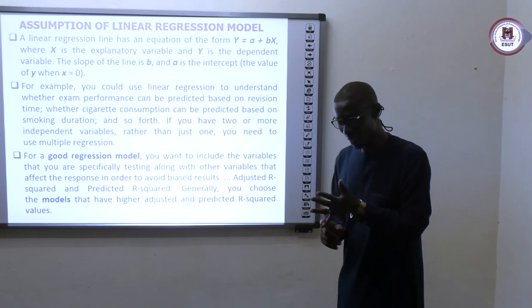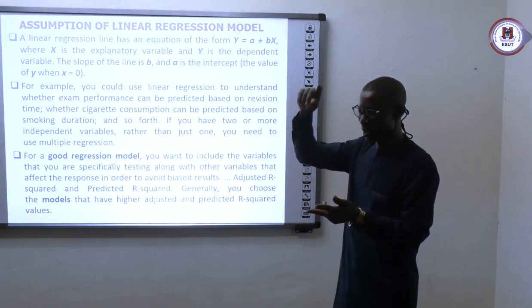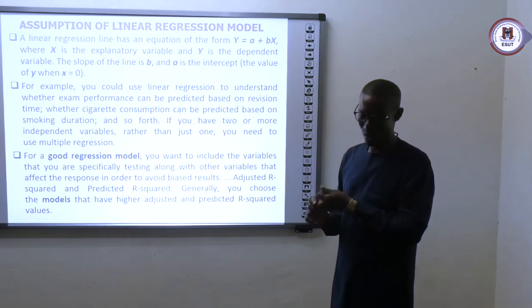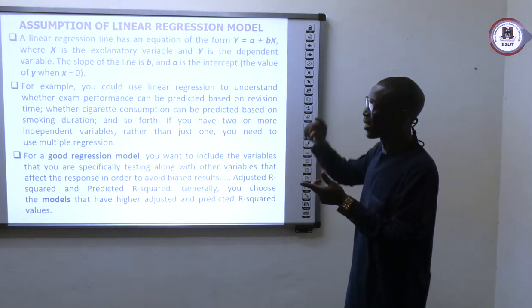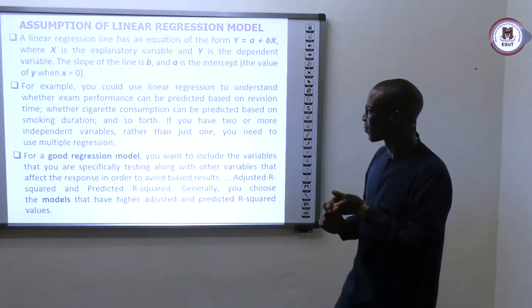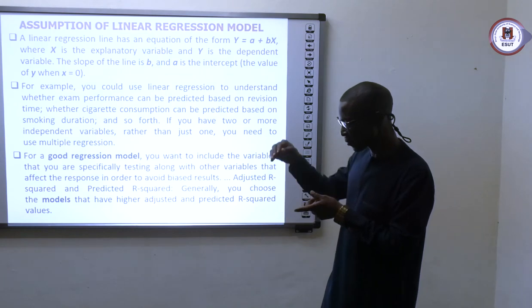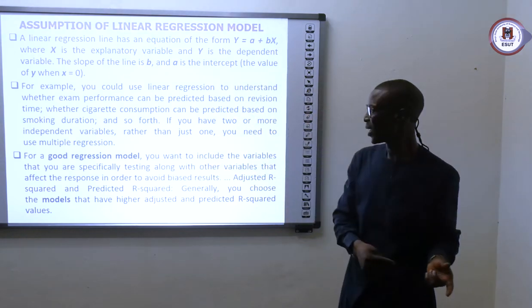There must be homogeneity, there must not be multiple correlation, and there must not be autocorrelation too. Autocorrelation is a situation where some key variables are correlated with the error term in that model.